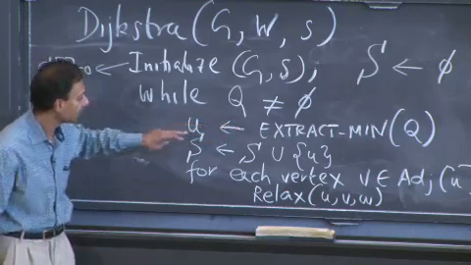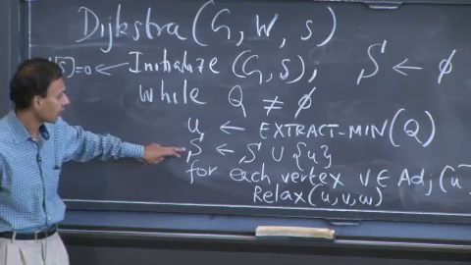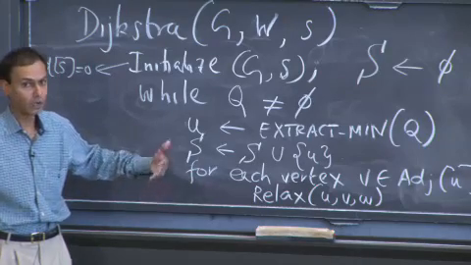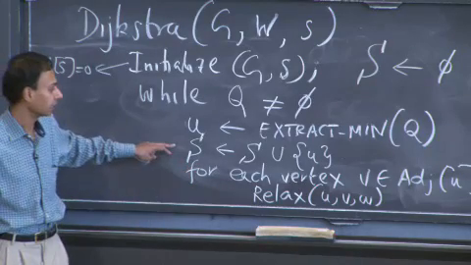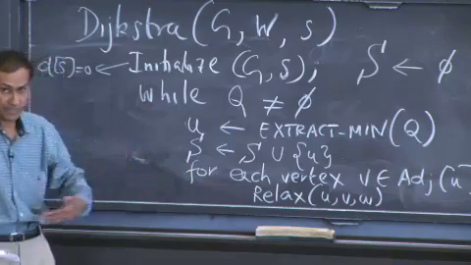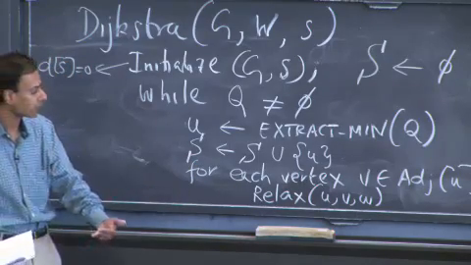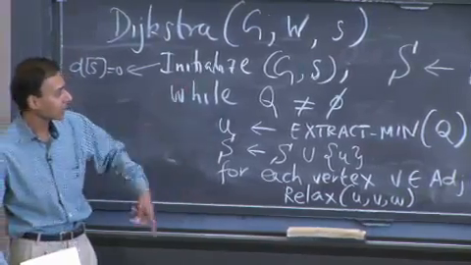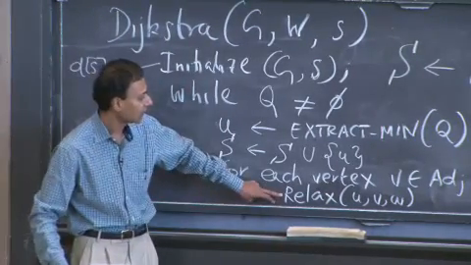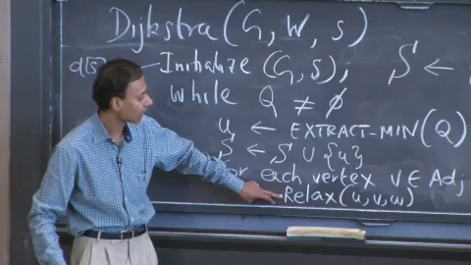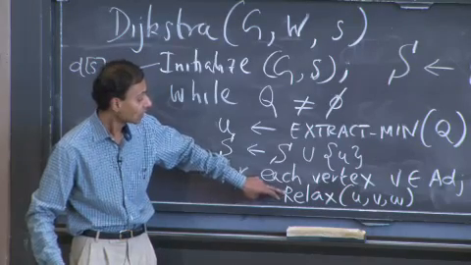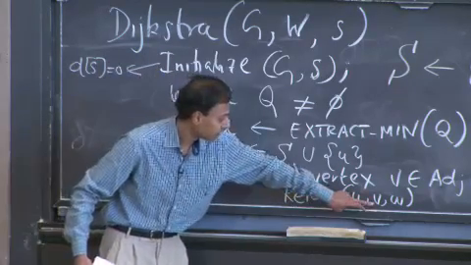So when you're putting something into S, you're saying, I'm done. I know the shortest path to this particular vertex, and I need to now process it in the sense that I have to relax the edges that are coming out of this vertex and update the priority values, because relax is going to go change the d values, as we know, corresponding to the vertex v.